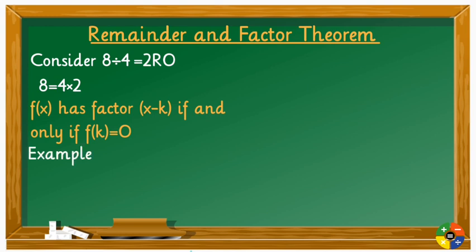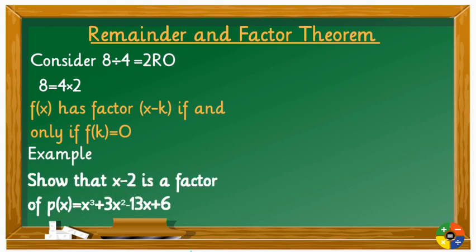Example: show that x minus 2 is a factor of p of x where p of x is equal to x cubed plus 3x squared minus 13x plus 6. The zero of x minus 2 is positive 2. So, apply the factor theorem.